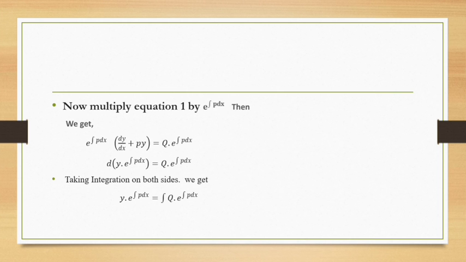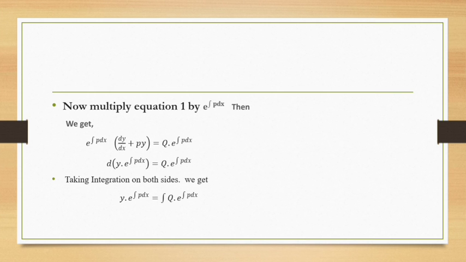Now multiply equation 1 by e^(∫P dx). Then we get e^(∫P dx)(dy/dx + Py) = Q·e^(∫P dx). We already saw that the derivative of y·e^(∫P dx) is equal to e^(∫P dx)(dy/dx + Py). Then we substitute the values.